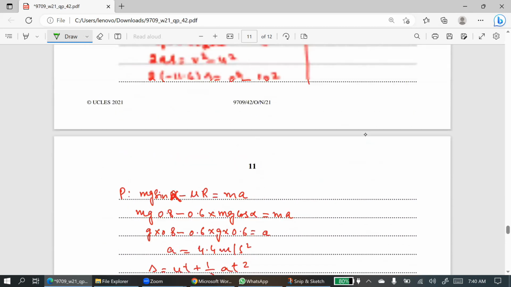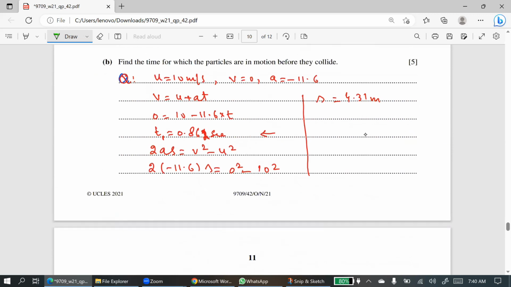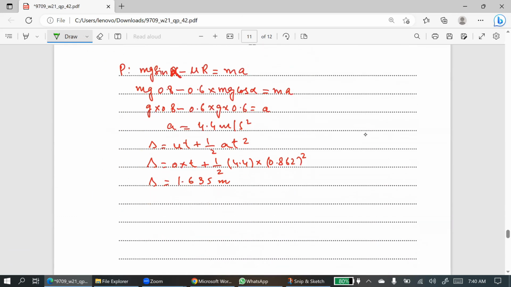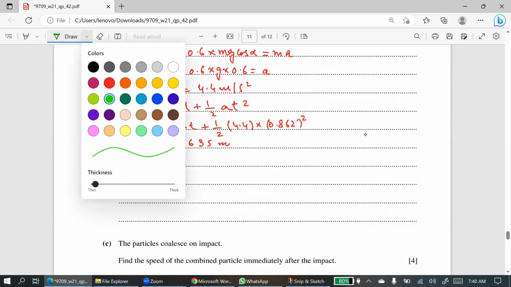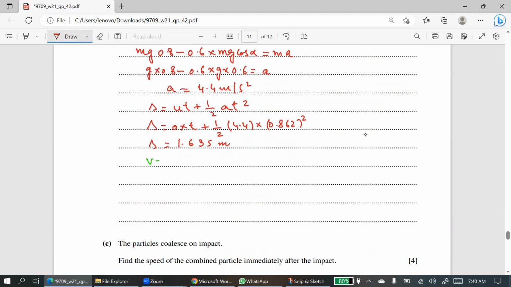V is equal to u plus at, which gives 3.793 meters per second.